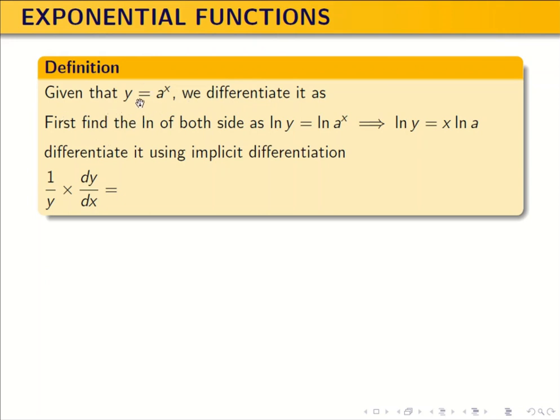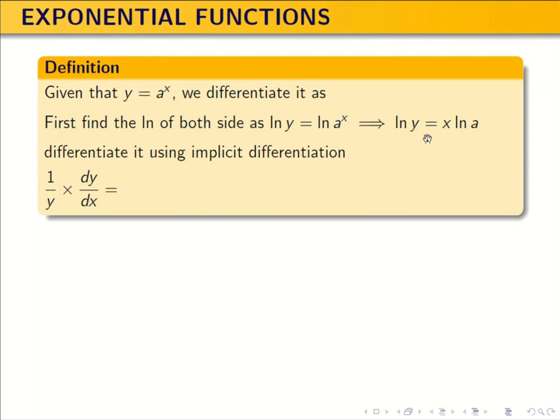Given that y equals a to the power x, first you find the log of both sides as ln y equals ln of that, and we know that logarithm can do big magic for us, in that whatever power you have, logarithm can bring it down and make the function linear for you to differentiate.